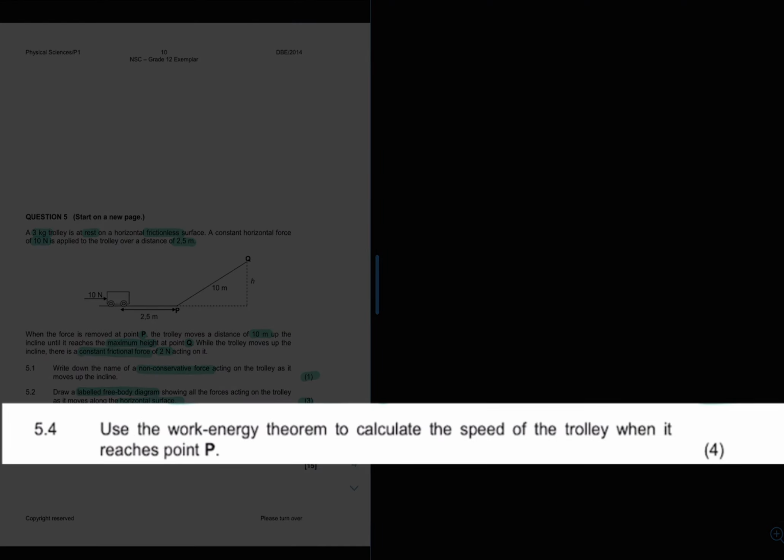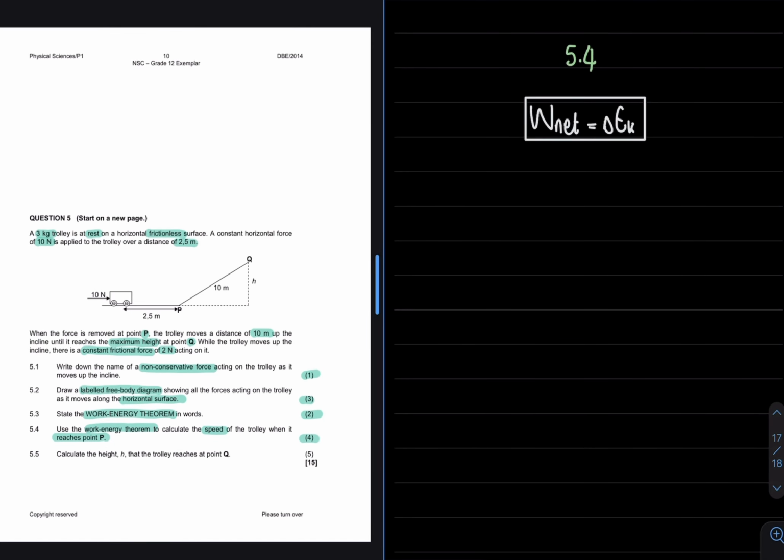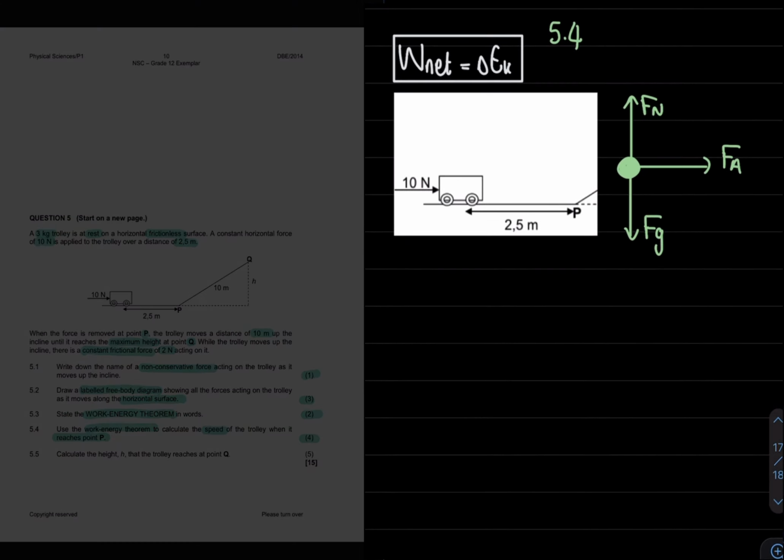In 5.4 they then say, use the work energy theorem to calculate the speed of the trolley when it reaches point P, for a total of 4 marks. You can now see why it is important to know and be able to identify your theorems, because they usually ask you to define it in one question and then they ask you to use that theorem in the next question. In this question we were asked to calculate the velocity at point P. The initial velocity for the trolley was 0, seeing it was started from a position of rest.